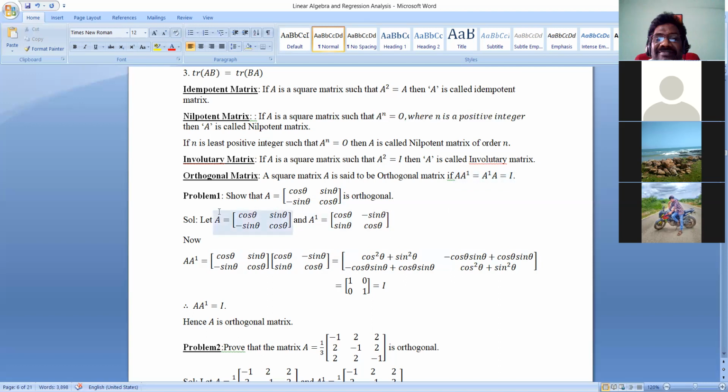Say, for example, show that A equals cos theta, sin theta, minus sin theta, cos theta is orthogonal.